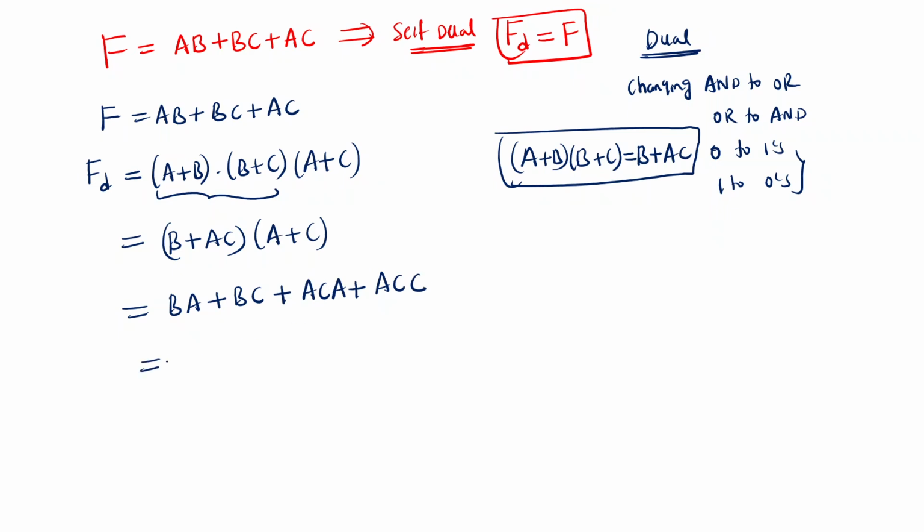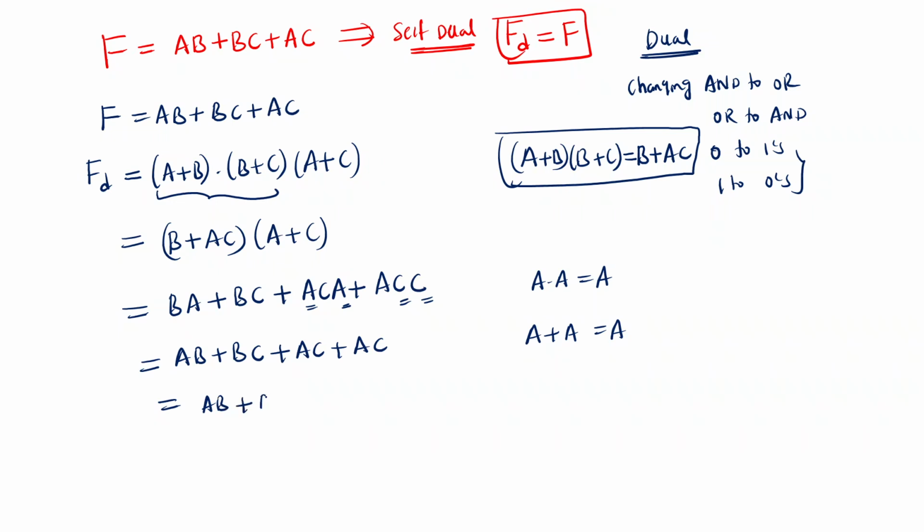So if you see, AA I can write as A, CC I can write as C. Why? Because from the AND law, A and A equal to A. So this is AB plus BC plus AC plus AC. From the OR law, A or A equal to A. So this is nothing but AB plus BC plus AC.